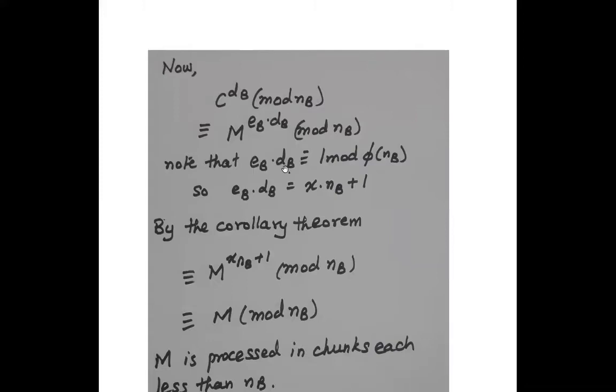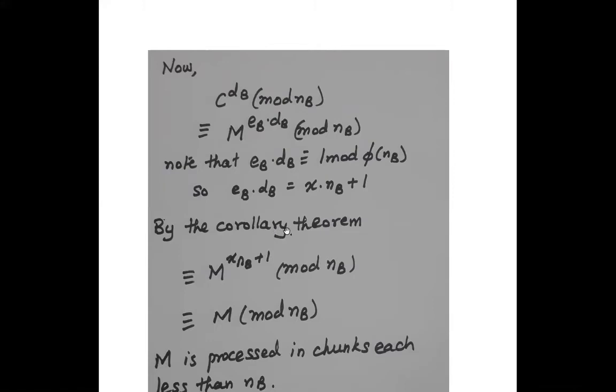It means that EB times DB minus 1 is a multiple of phi of NB. Sorry, this thing over here should be phi of NB, not NB. My mistake. Okay, so EB times DB is equal to X times phi of NB plus 1. Okay, this is not NB, I'm sorry, this is phi of NB.